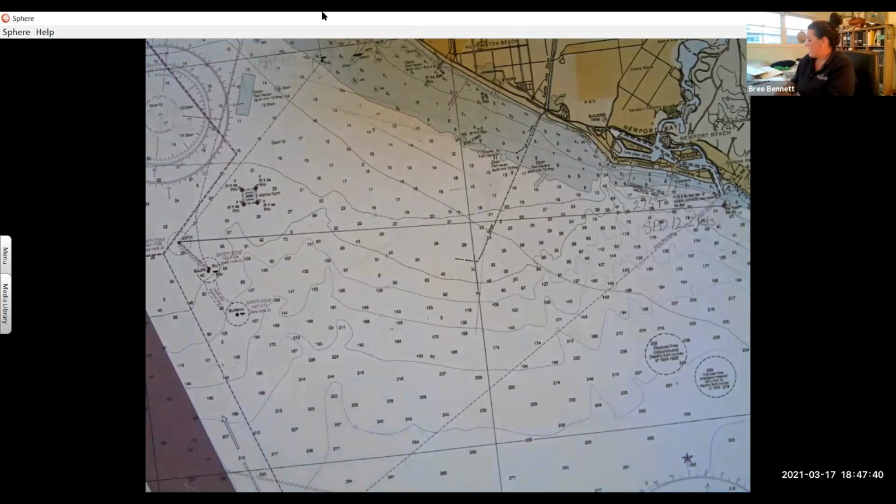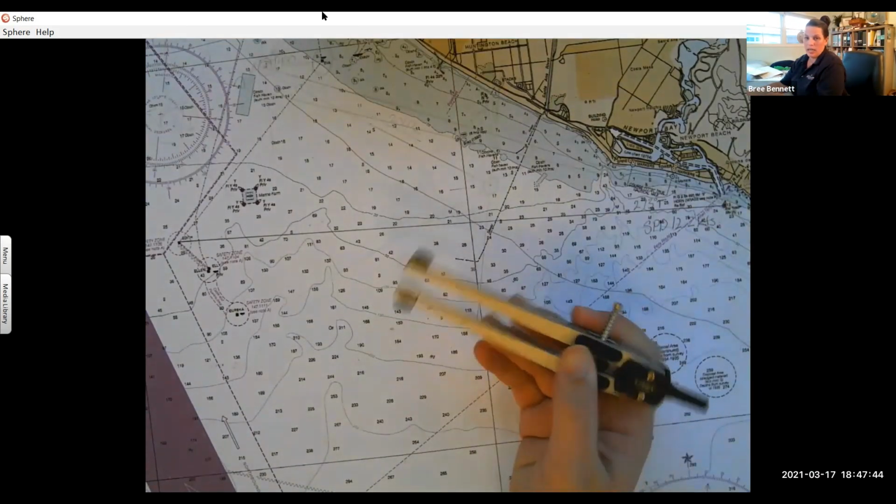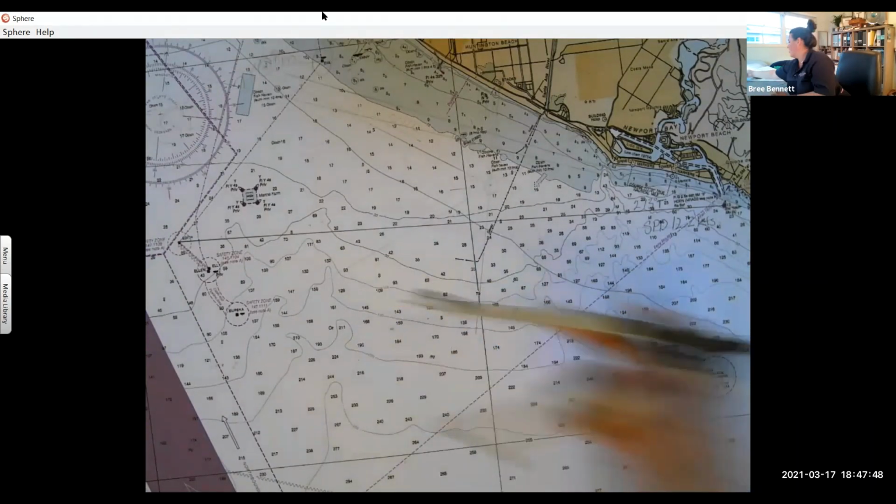It also asks us distance. This is going to be more than what I can do with the divider, so I'm just going to set the divider to 5.